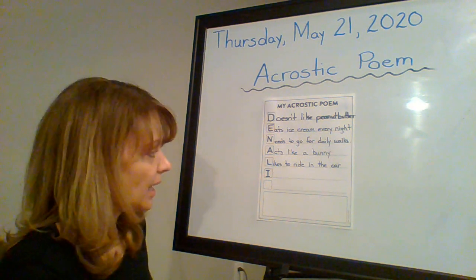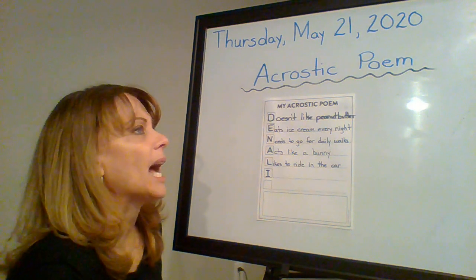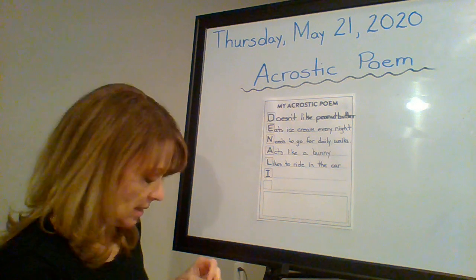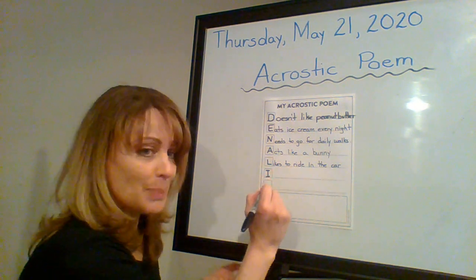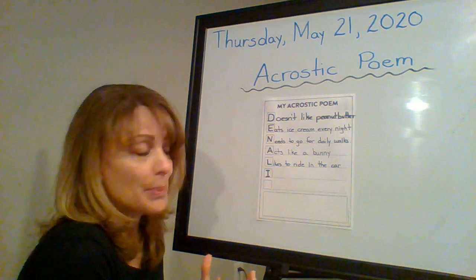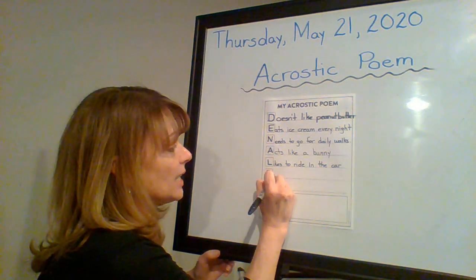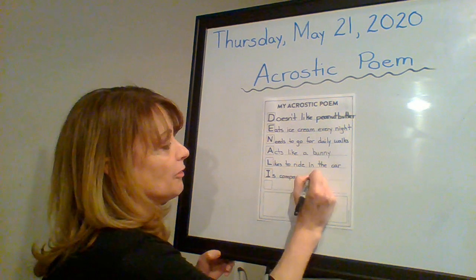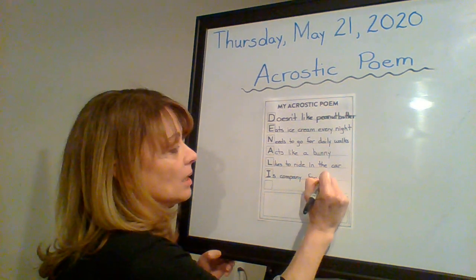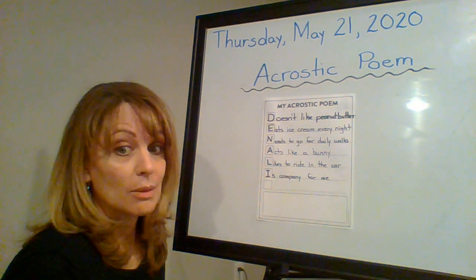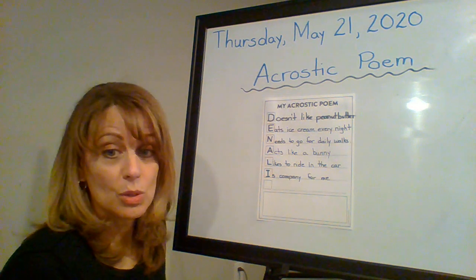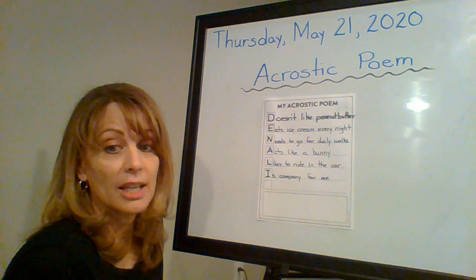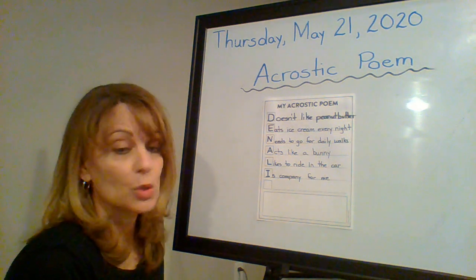And the last thing I thought, okay, I, and I said, well, the big thing with Denali is he's a lot of company for me. So I use the word is company for me. Right now, Ryan's working from home, but usually I'm here by myself a lot of the times, and it's nice to have Denali here when I come home from school.